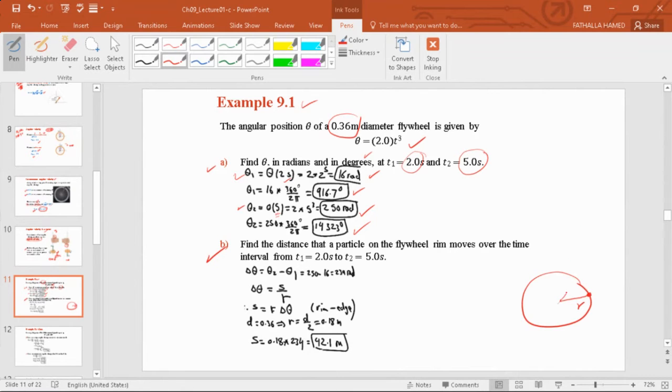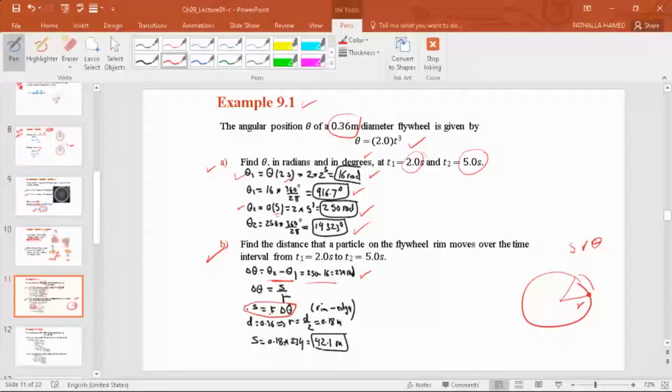Remember what we said, that s is equal to r theta. So your s here will equal r delta theta. And of course, your delta theta here will equal theta 2 minus theta 1, which is 250 minus 16, and it will give you 234 rad.